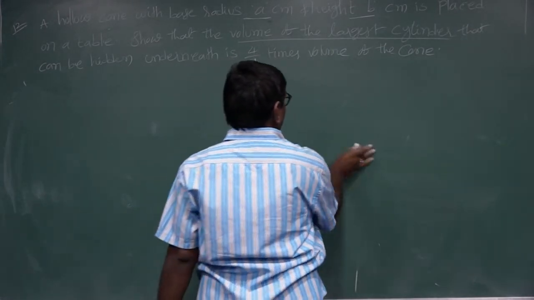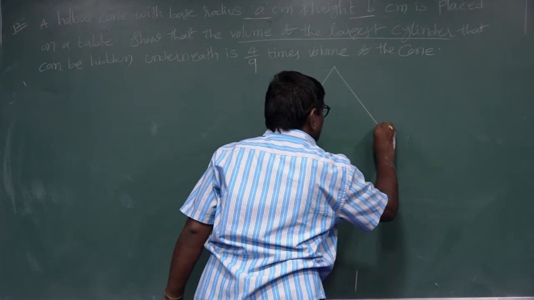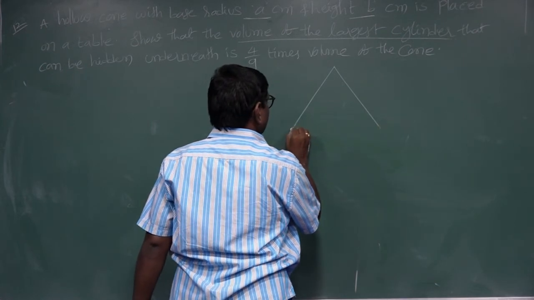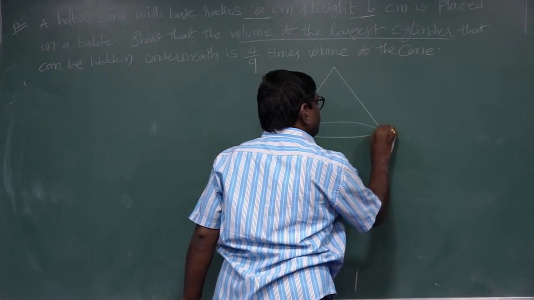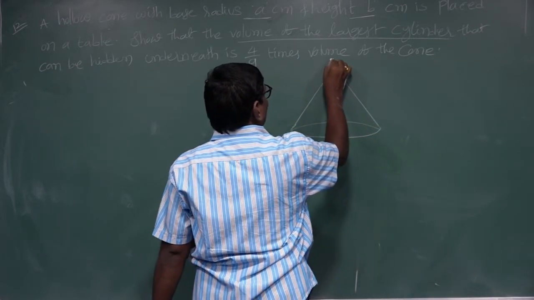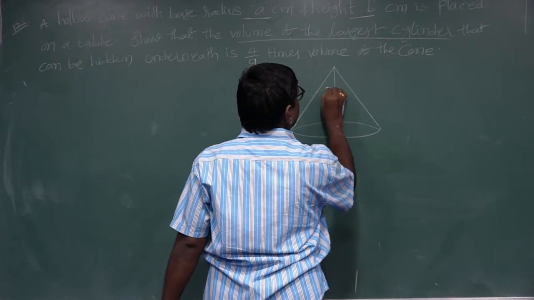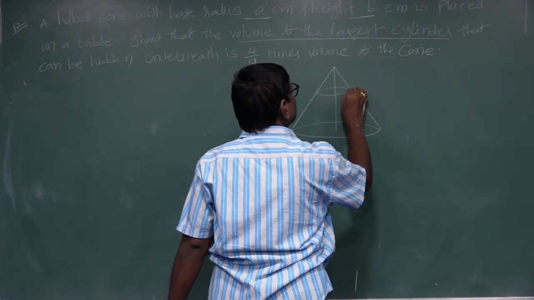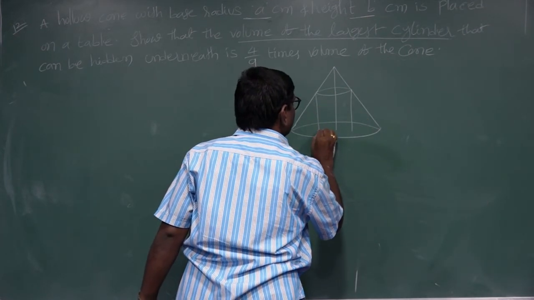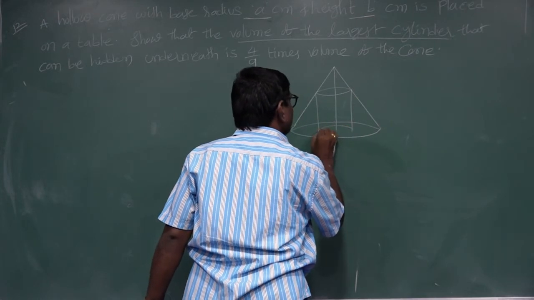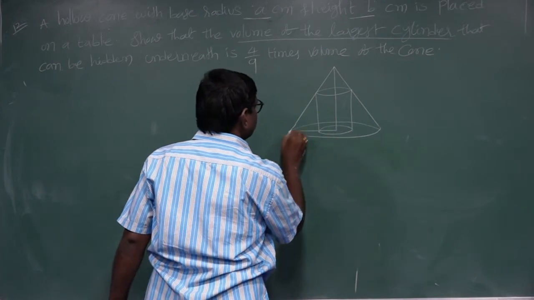This cone has height h, and this is a cylinder. This radius is small a.